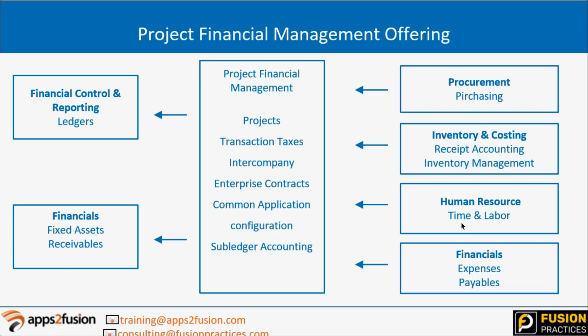David, sorry to interrupt you. I have a question here. Order management is not there, but order management also uses projects, right? When I create an order, I can put the project information on the sales order. Right. As I said, it comes from the transaction, so it becomes a transaction.